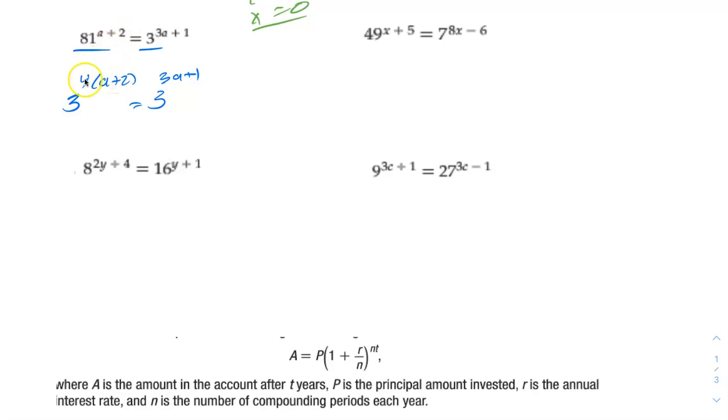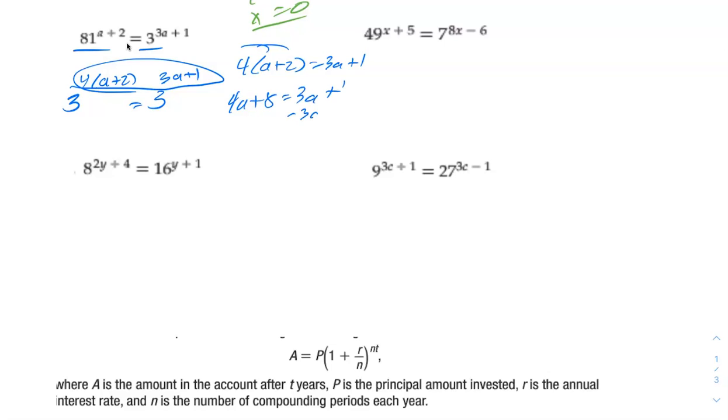The most common mistake is when people just multiply the 4 times the a, instead of by both of these. So now I just solve this. 4 times a plus 2 equals 3a plus 1. Distribute that 4, so 4a plus 8 equals 3a plus 1, minus 3a, minus 3a, minus 8, minus 8, I'm on different sides. a equals negative 7. Again, plug it back in, check your work if you want.